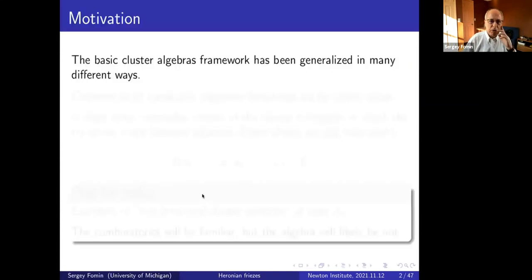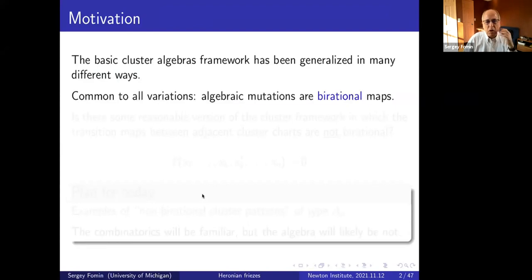So what is this about? Many generalizations of the cluster framework have been suggested over time. I won't list them all. Common to all these variations is the following feature, that algebraic mutations are always birational maps.